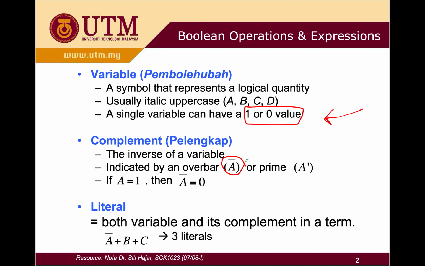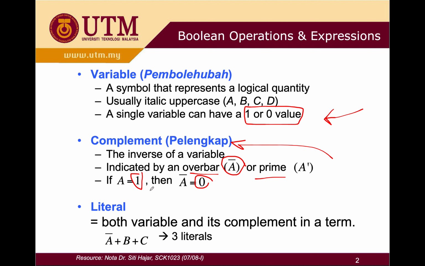But there are also other symbols that you can call prime or over bar, whether it is A prime, B prime, C prime, it is a complement. So if your variable is 1, your complement will be 0, because it is the inverse of your input.